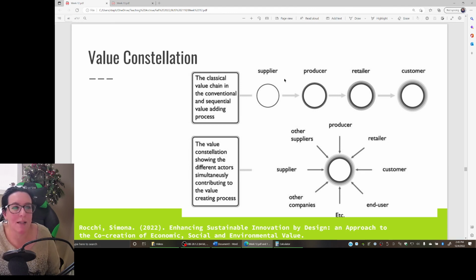When you're analyzing your value chain, your supply chain, you can instead create what's called a value constellation. And a value constellation shows those same actors, but notice here it's showing that all of those different parties are simultaneously contributing to the value creation process. So rather than thinking about it as the company who provides the materials, who makes the product, who gets it onto a retailer, they do a couple things and their job is done.